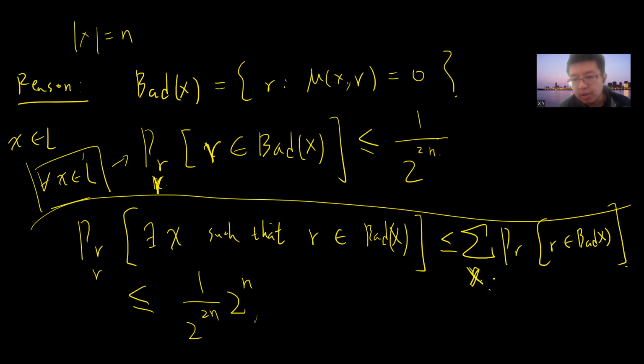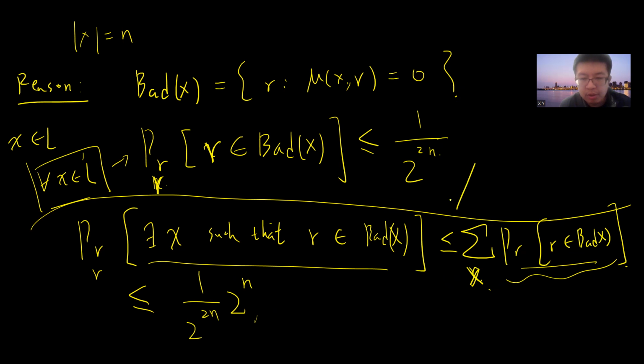In such a case, each x contains some R, so as a set, this set is just a subset of the union, and you take all the x, and they give you this. So this is the union bound. This is 1 over 2 to the n, so it's less than 1.